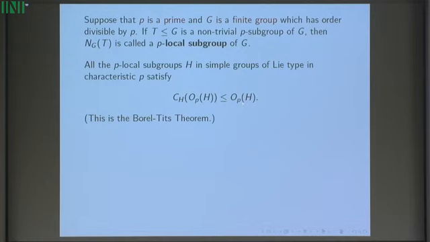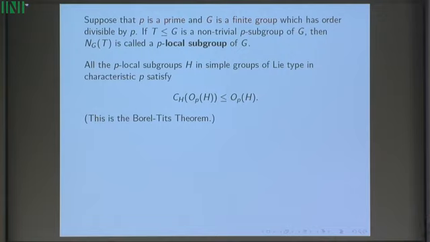And so we have this condition. This happens for every p-local subgroup in a group of Lie type defined in characteristic P. That's the Borel-Tits theorem. It's got to be a simple group, obviously. If we have the center sitting there, so if I was looking at SL and not PSL, the center of SL, given that n and p minus 1 or q minus 1 are not coprime, will be sitting inside that centralizer.